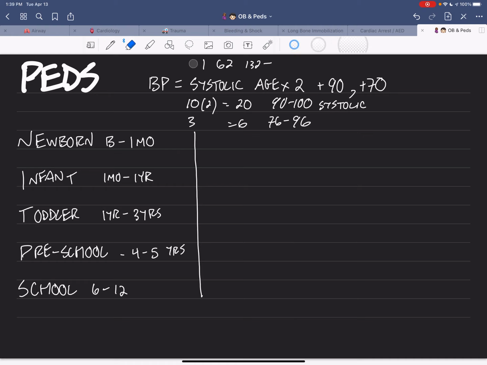After you get out of the child age, I guess that's really not going to work. So 15 is where this would end. 15 times 2 is 30, plus 90 is 120. So anyway, for children, that's blood pressures.